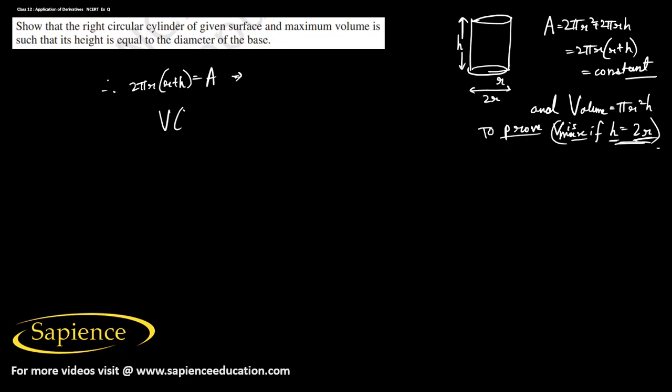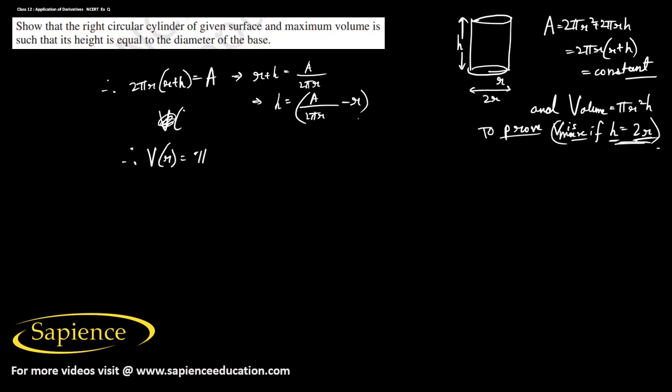So I can say that r plus h is equal to a by 2 pi r. So therefore, you can say that h is equal to a by 2 pi r minus r. So therefore, the volume is a function of r.